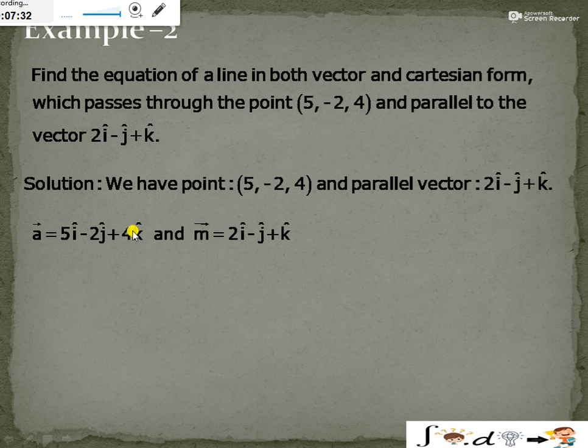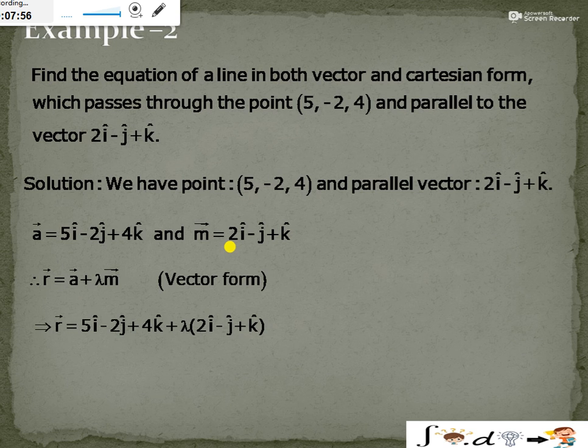This vector a becomes 5i minus 2j plus 4k, and parallel to the vector 2i minus j plus k, that is the m vector. M vector is equal to 2i minus j plus k. In vector form we have vector r equals vector a plus lambda times m vector. Now substitute the values of vector a and vector m. It becomes vector r equals 5i minus 2j plus 4k plus lambda times 2i minus j plus k. This is the vector form.